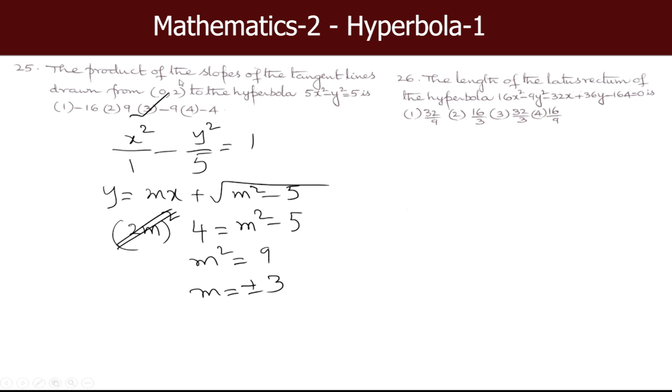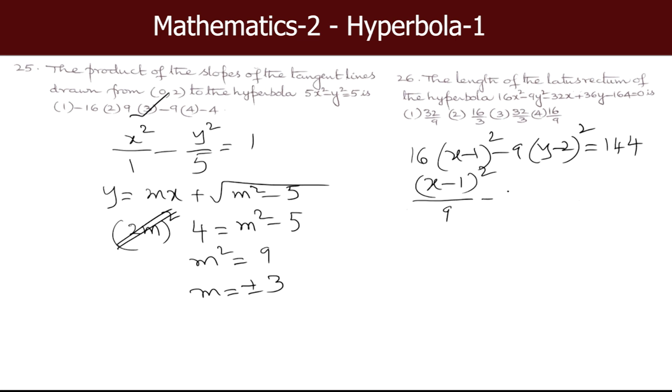The length of the latus rectum of the hyperbola 16x square minus 9y square plus 32x plus 36y minus 164 equal to 0. Once again, 16 times x minus 1 whole square minus 9 times y minus 2 whole square equal to 144, or x minus 1 whole square by 9 minus y minus 2 whole square by 16 equal to 1.